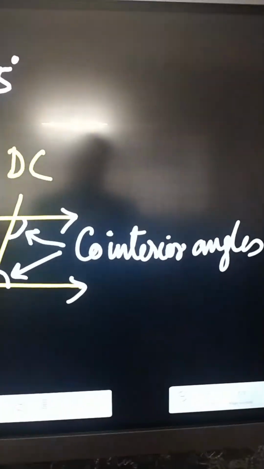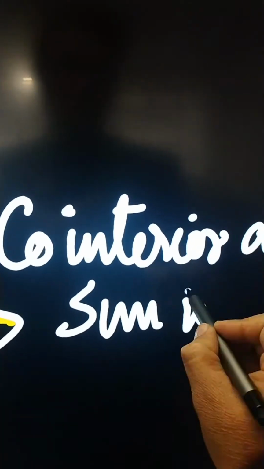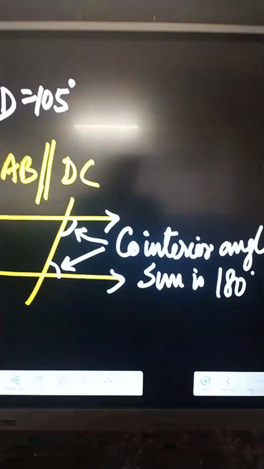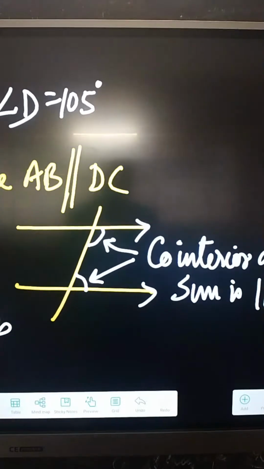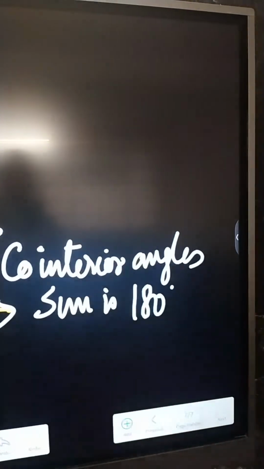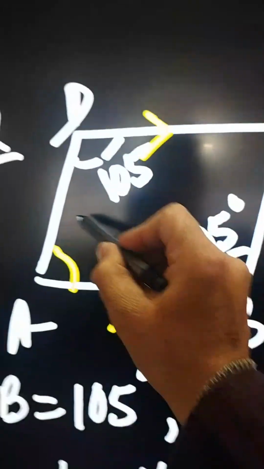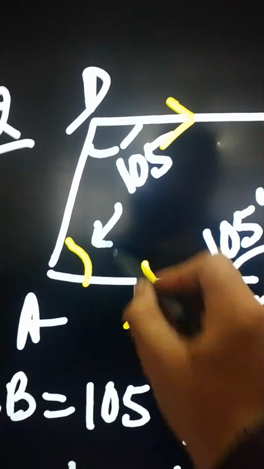Co-interior angles are angles which are made when two lines are parallel. So these two angles total is 180. On this side also, since this side is parallel to this side, this angle will be co-interior.